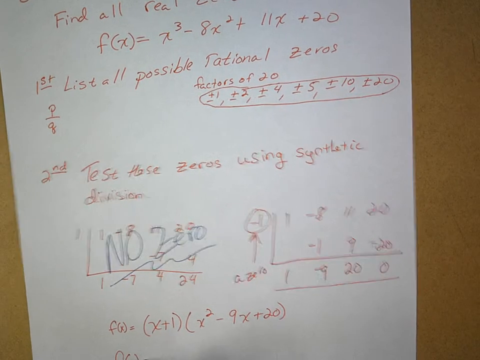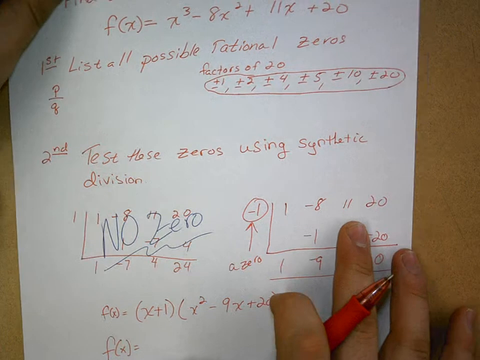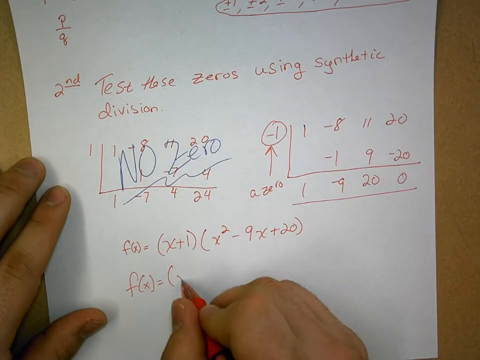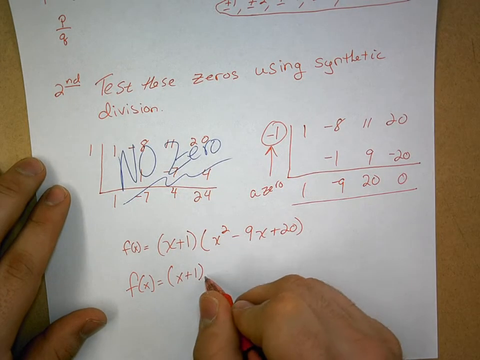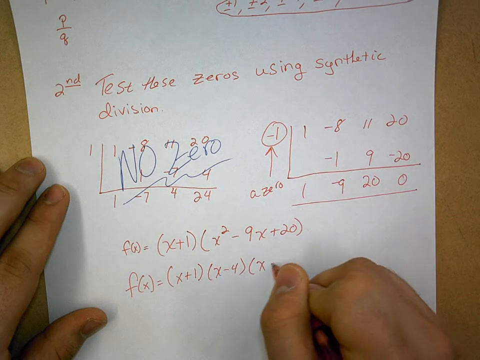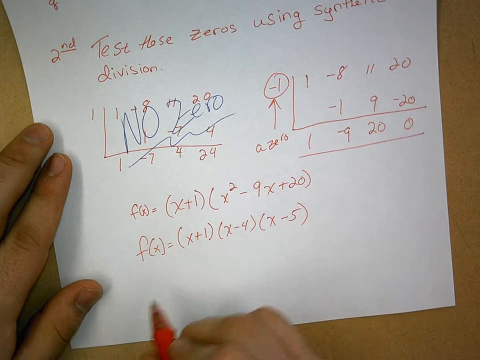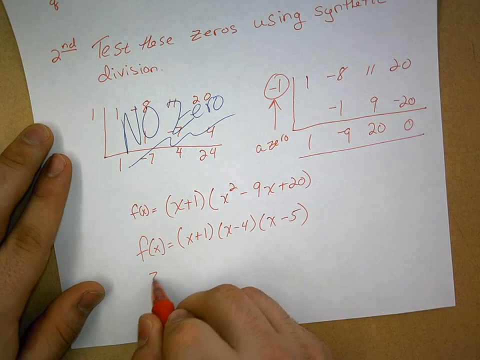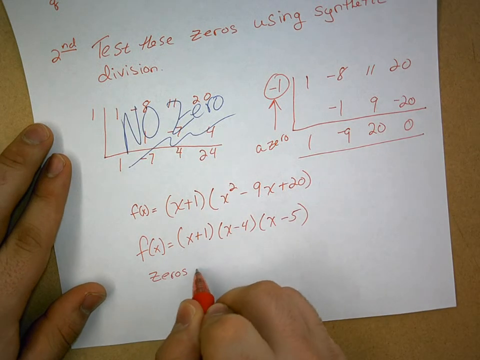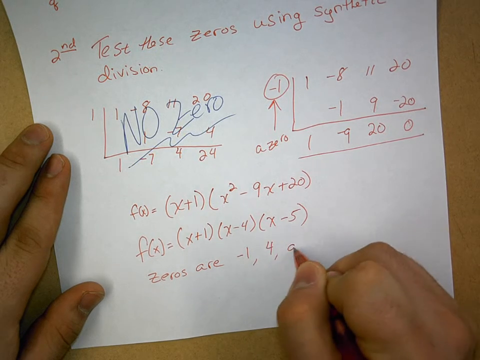And if you're terrible at factoring, like some people are, that's okay. Use the quadratic formula. x plus 1 times x minus 4 times x minus 5. Okay, so now all the real zeros are negative 1, 4, and 5.